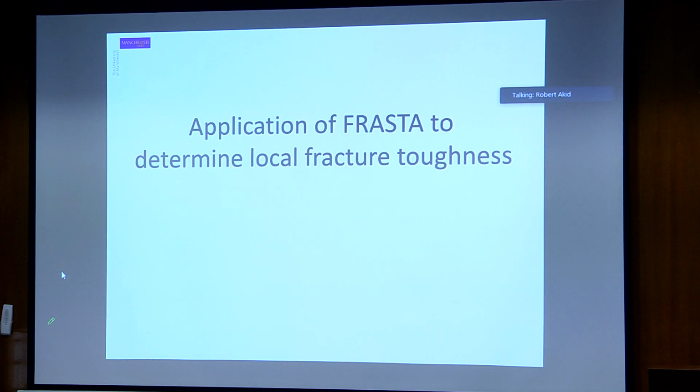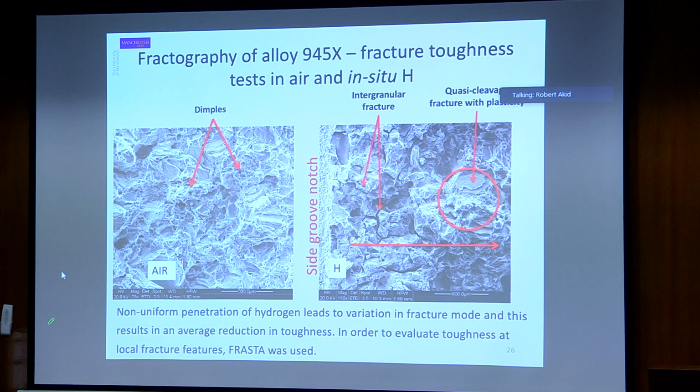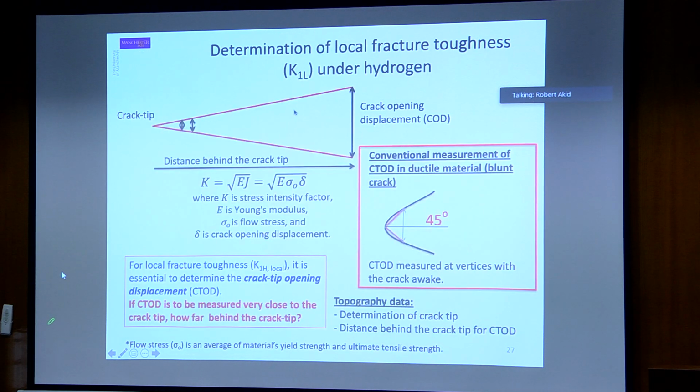We've also used this for looking at fracture toughness, where again we map the surface and interrogate a number of cracks across the surface and look for the crack tip opening displacement, which is related to fracture toughness.